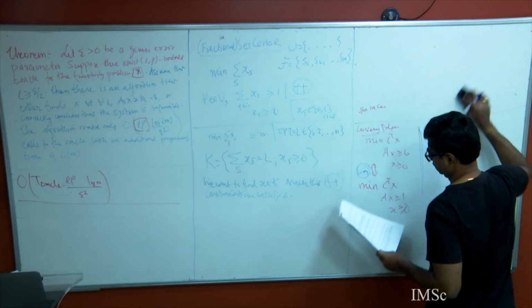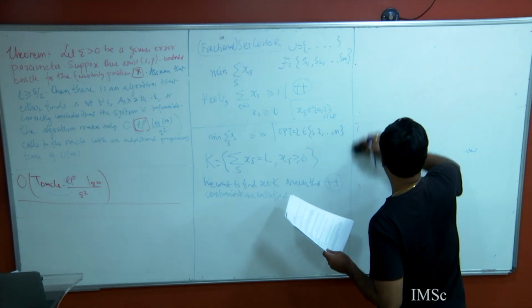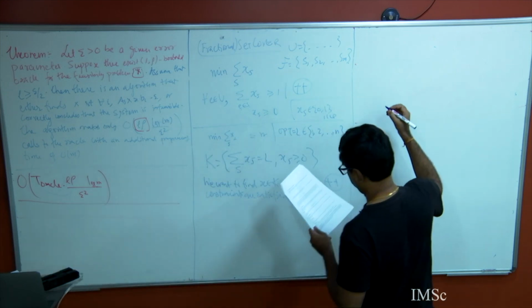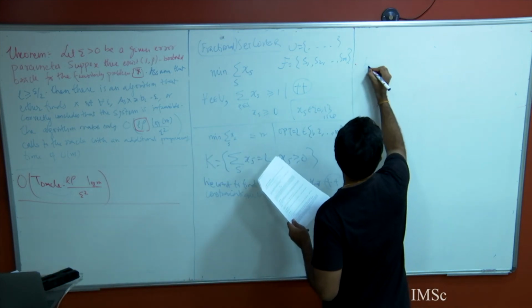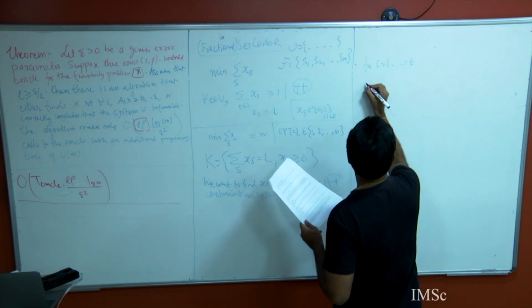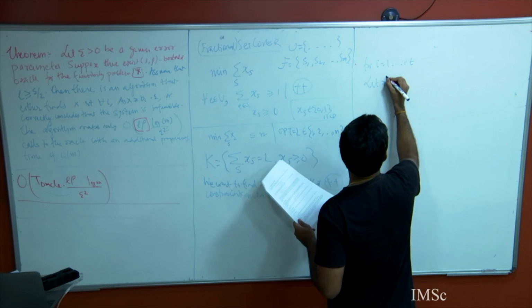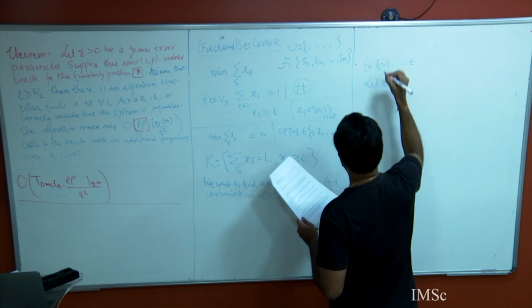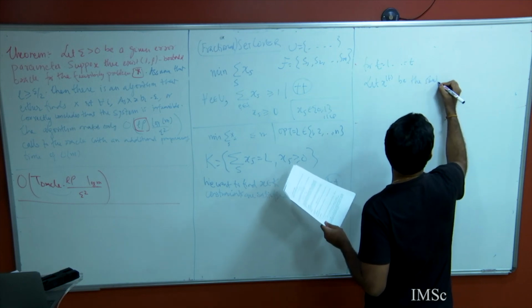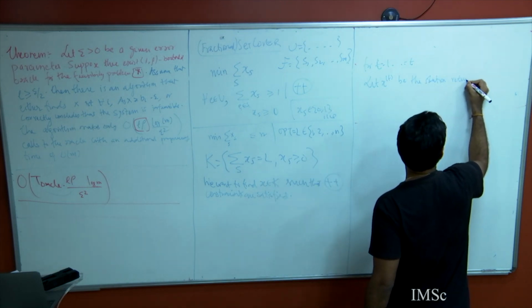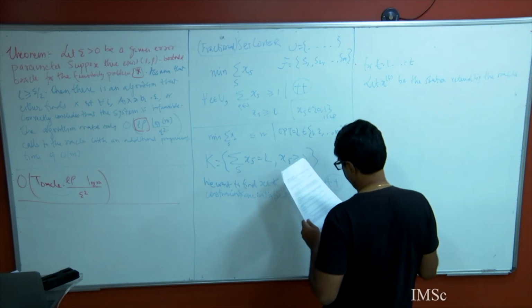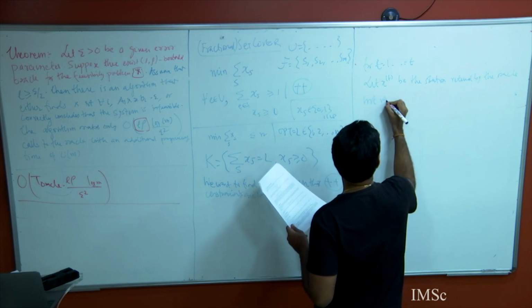So we went round and round, okay? We said let x(t), for t equal to 1 to T, be the solution returned by the oracle with respect to values.